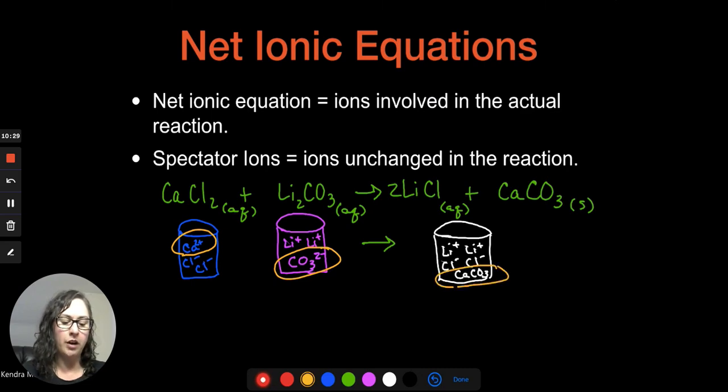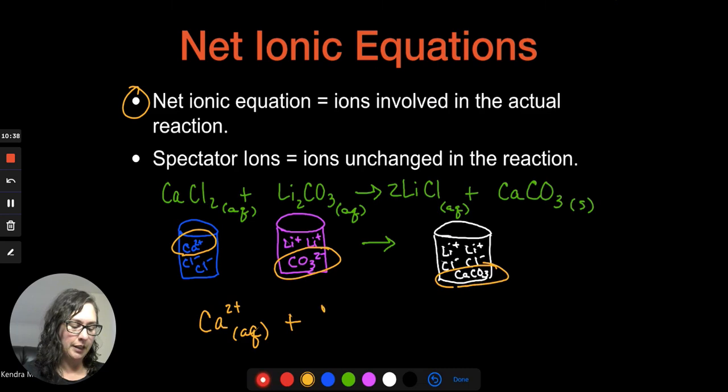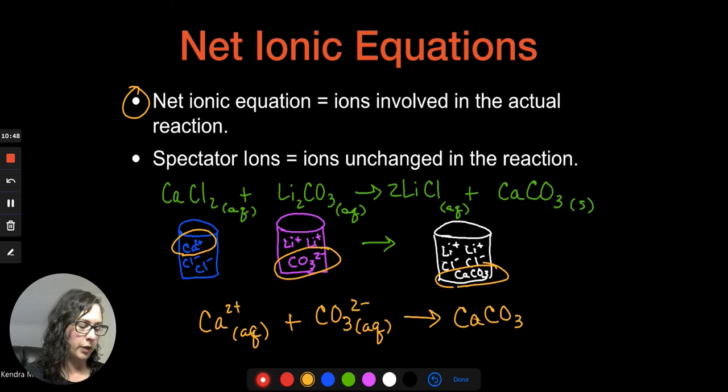So when we write our net ionic equation, we want to represent that as Ca 2+ aqueous plus carbonate CO3 2- aqueous reacted to form CaCO3 solid. And it's really important that we balance our original equation before we do this.